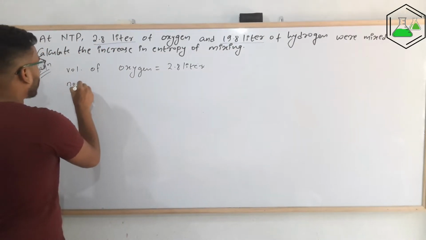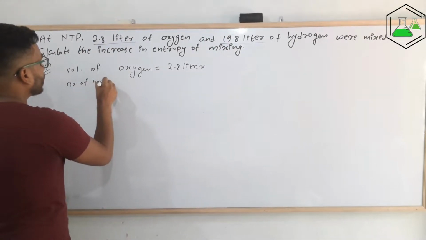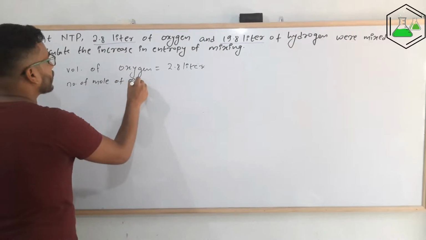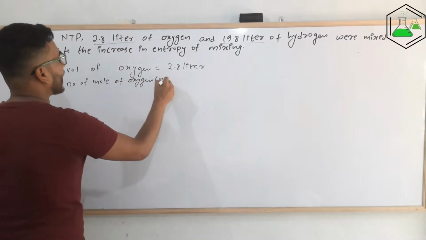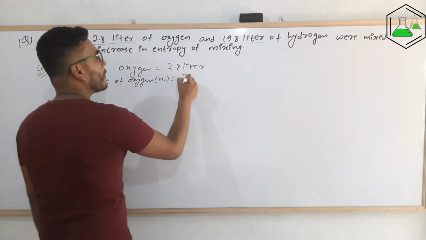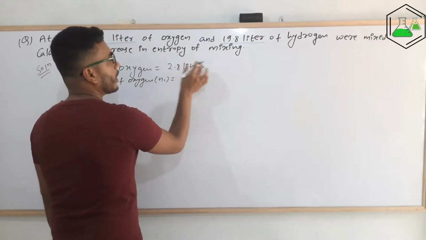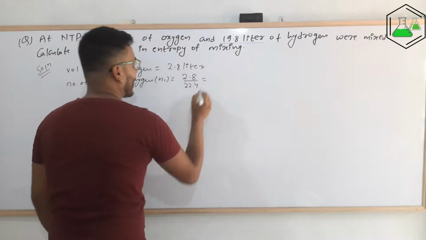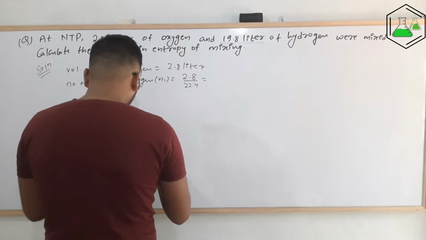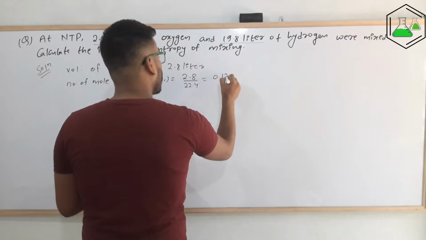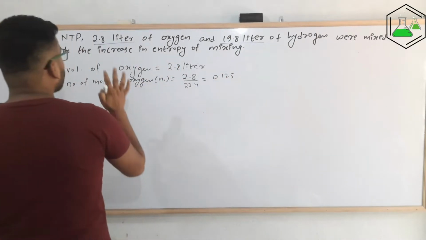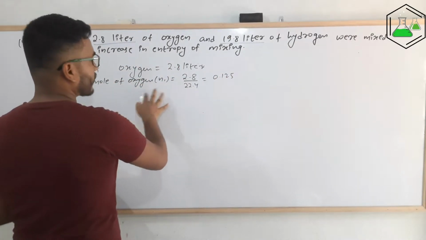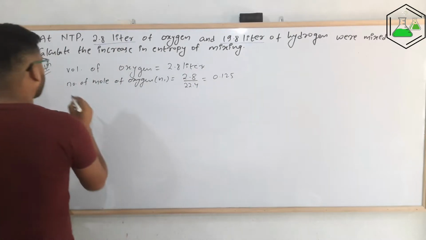So, number of mole of oxygen, that is N1, can be calculated by just dividing the given volume by 22.4, and whatever value you get, that is the value of the number of moles. That is, in this case, number of mole of oxygen is actually 0.125.